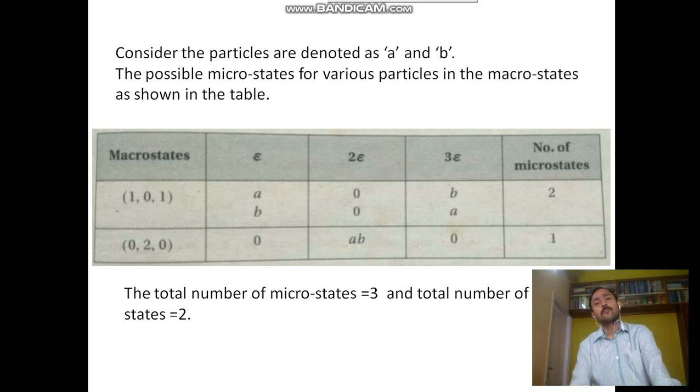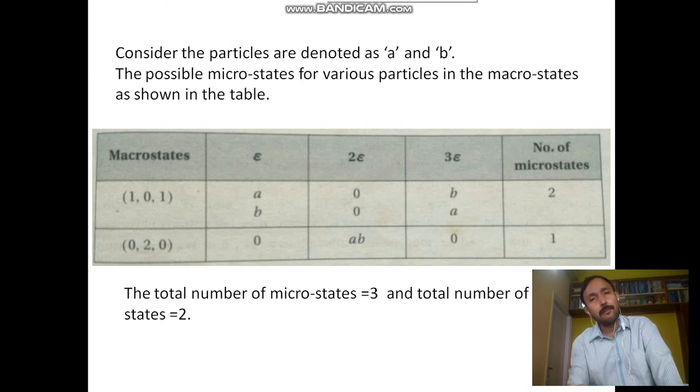Now consider these particles denoted as A and B. Microstate means the number of meaningful ways the particles can be distributed in the different macrostates.